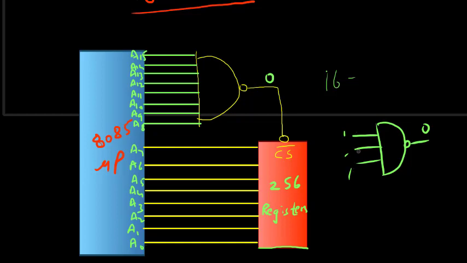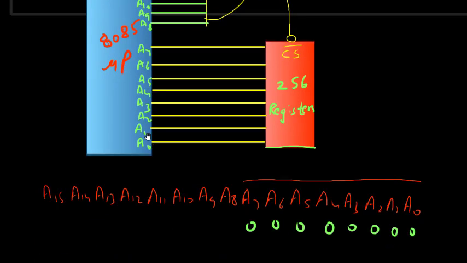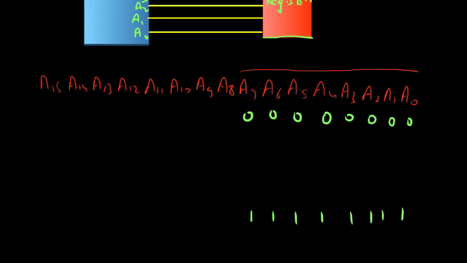If any input becomes 0, the output becomes 1 and the chip is not selected. So A8 to A15 must compulsorily be all zeros. No other combination will select the chip.